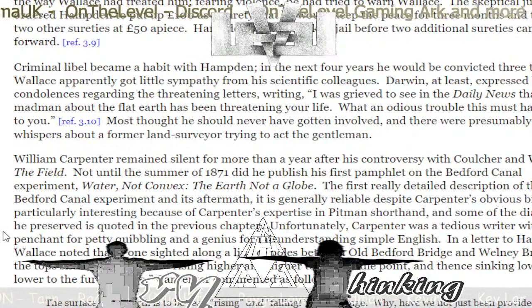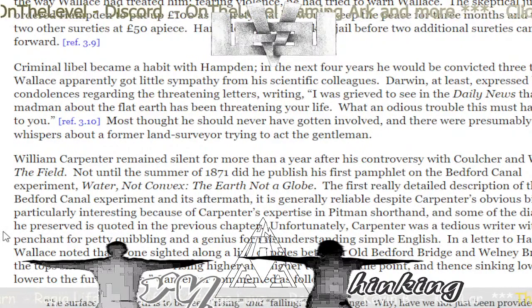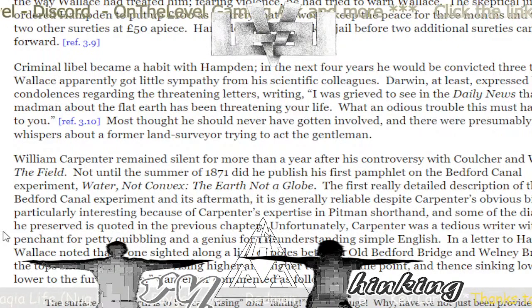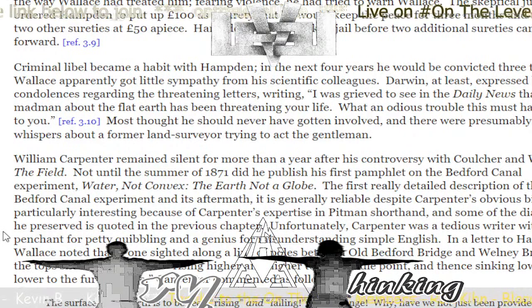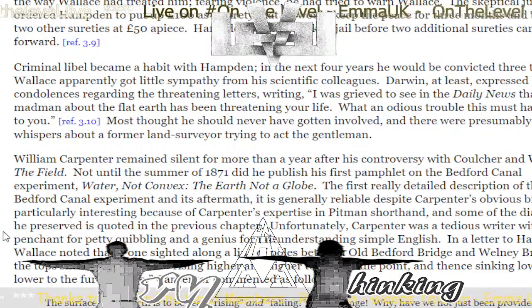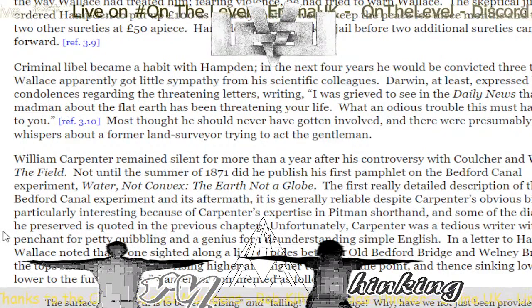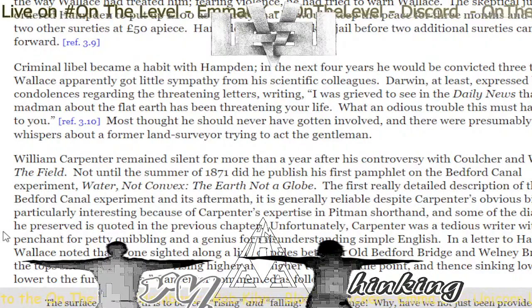Unfortunately, Carpenter was a tedious writer with a penchant for petty quibbling and a genius for misunderstanding simple English. In a letter to Hampden, Wallace noted that if one sighted along a line of poles between Old Bedford Bridge and Welney Bridge, the tops appeared to be rising higher to the middle point, then sinking lower and lower to the furthest one.